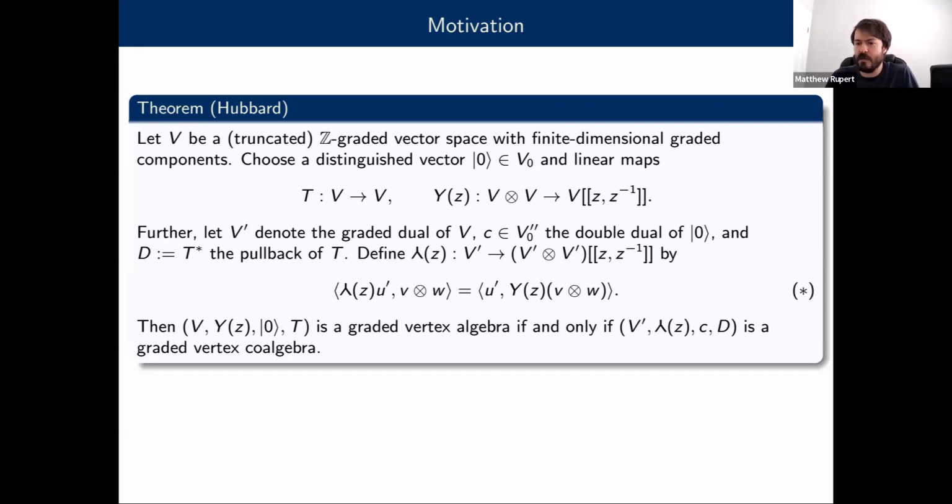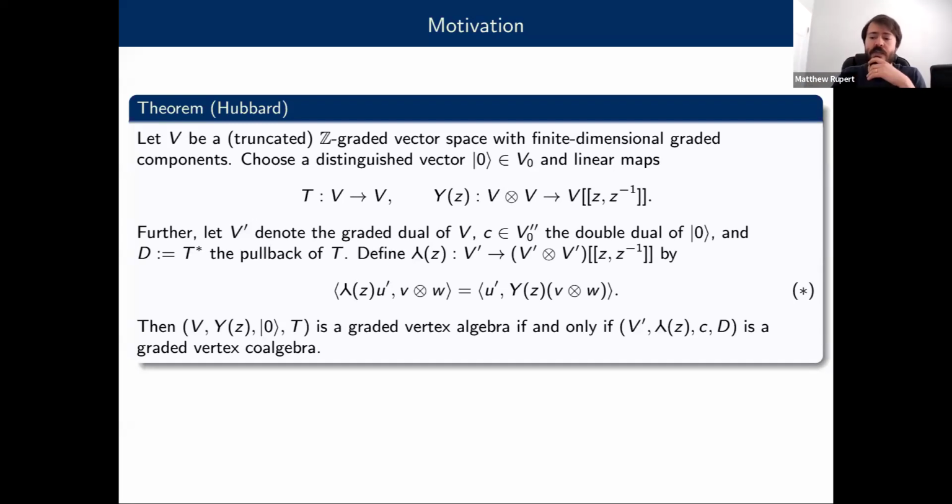This is, I think, the most obvious way to define it. Then V is a graded vertex algebra if and only if V prime is a graded vertex coalgebra. And similarly, you can start with the structure of a vertex coalgebra defined on the graded dual: you have a vertex coalgebra if and only if the graded dual is a vertex algebra.